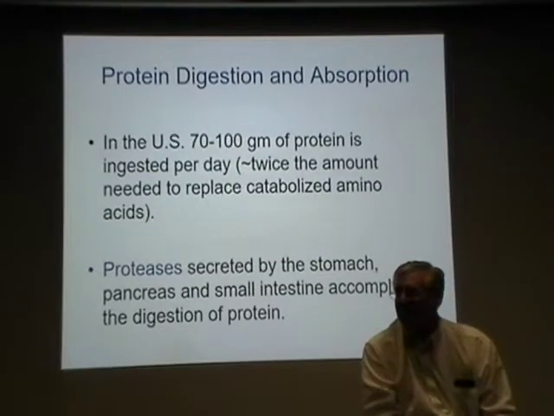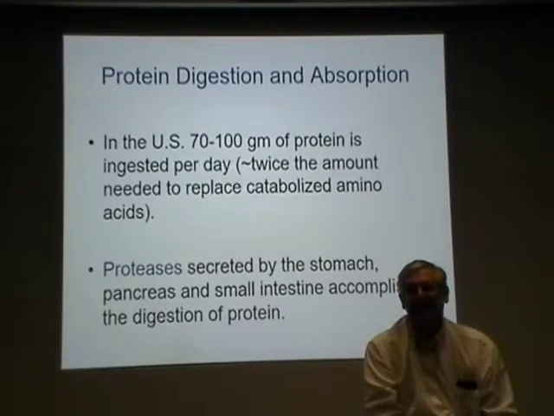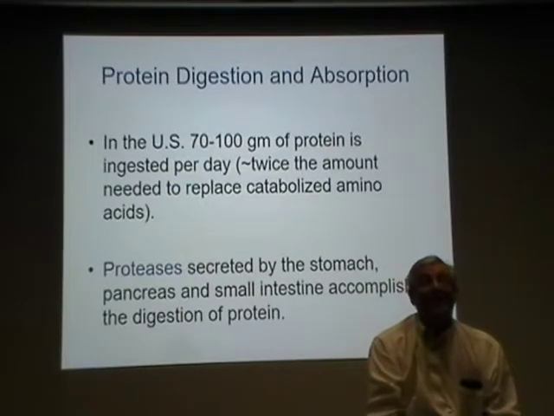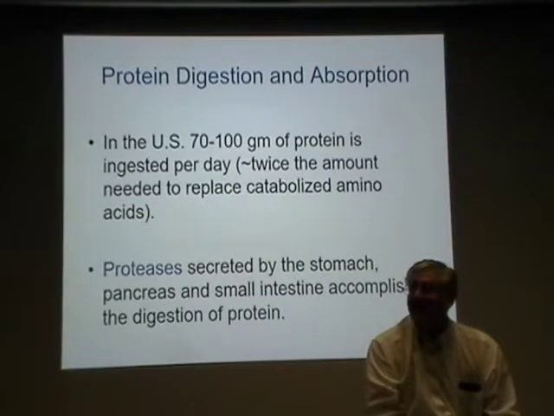I thought you'd get this one before you got the A, D, E, and K, because of the essential fatty acids. What are the essential fatty acids? Linoleic acid, and because they can be used to make arachidonic acid.